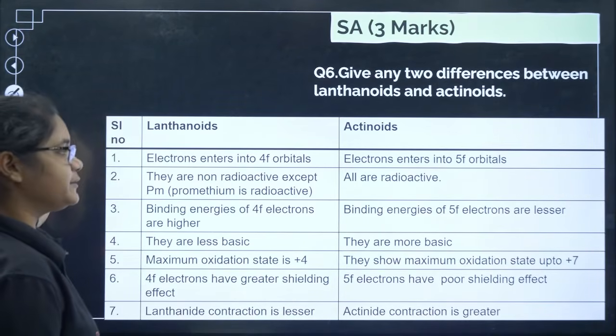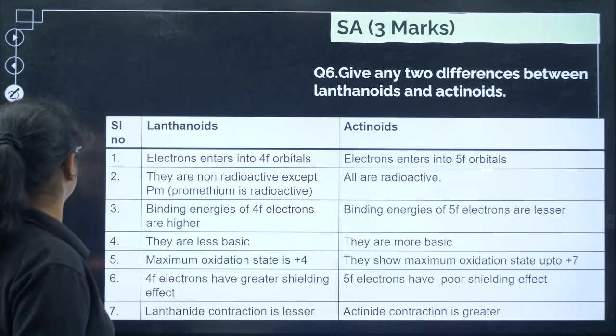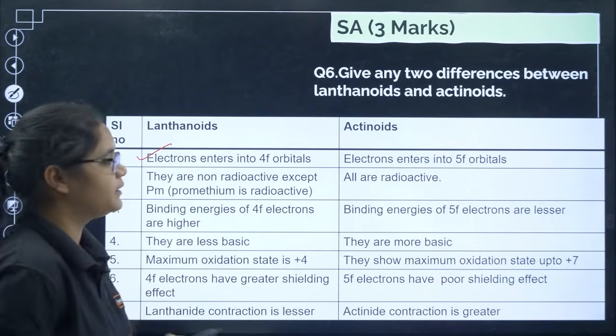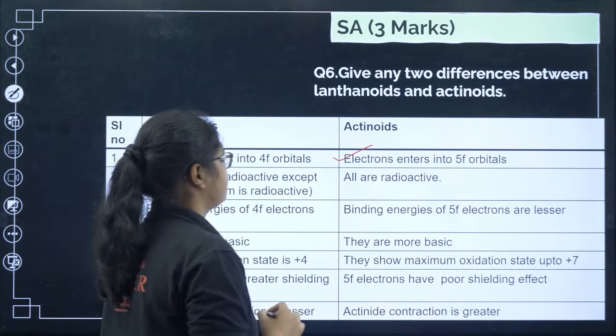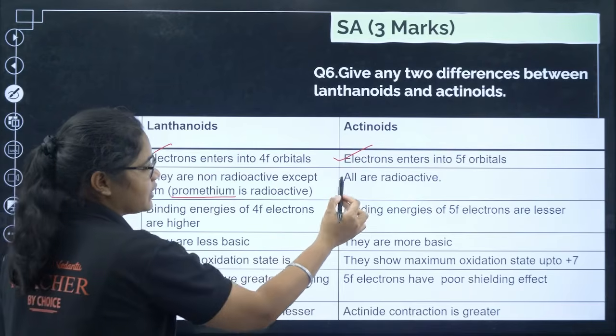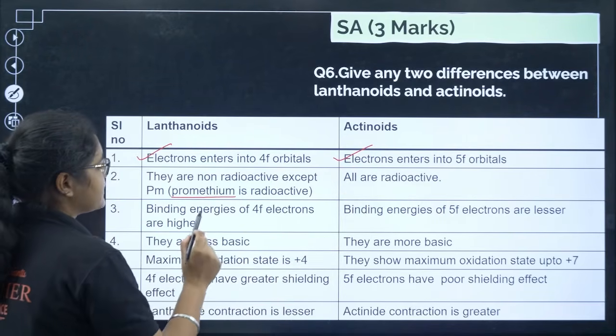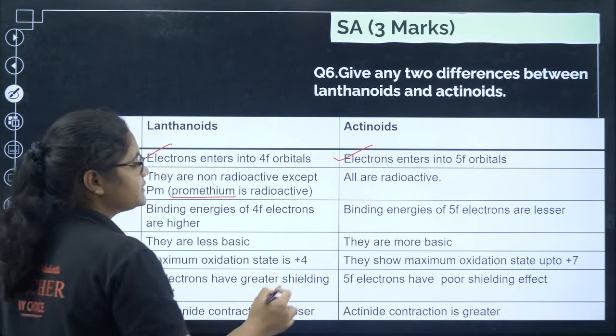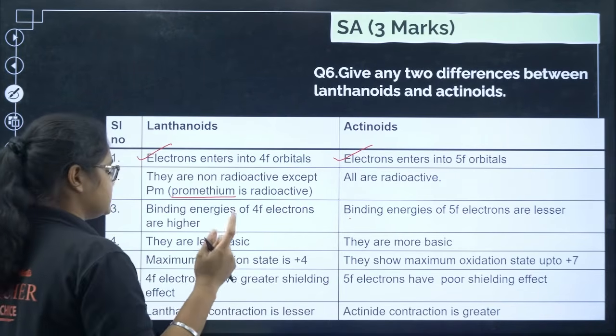Next question, difference between lanthanoids and actinoids. You can just see this, I will discuss. First of all, electrons enter the 4f orbitals. Here electrons enter the 5f orbitals. They are non-radioactive except promethium. Here all the elements are radioactive. Next, binding energies of 4f electrons are higher because they are closer to the nucleus. Binding energies of 5f electrons are lesser.